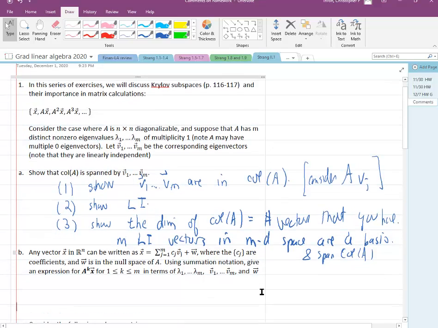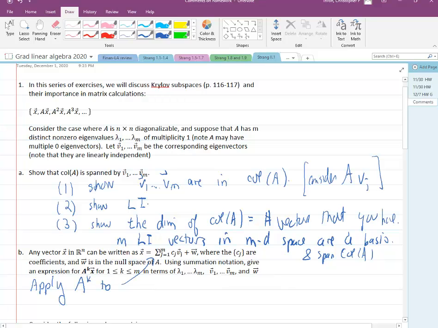All you have to do is apply A to the k to this expression, and use what you know about A Vj and AW.